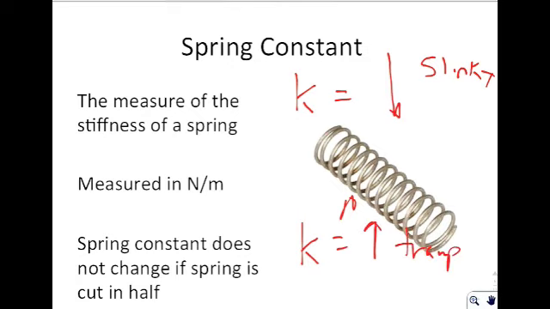Now, the spring constant is measured in newtons per meter, and it does not change if you were to cut this thing in half. It's based on a per meter basis, so if you need this much, it's that many newtons per meter. This much, that many newtons per meter. So cutting the spring in half has no effect on the spring constant.